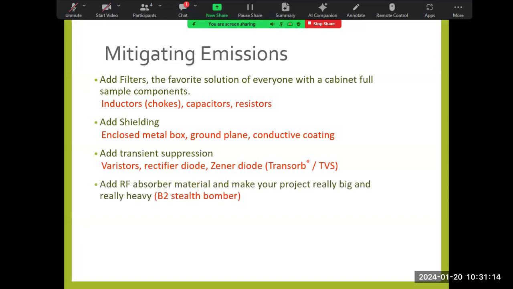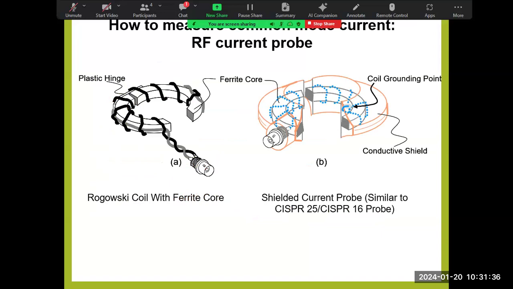And if you really want to make a mess, you throw RF absorber material all over everything, and it probably doesn't work. Another good way to fix EMC is to fix the thing that's being affected by the EMC so that it doesn't care what happens to it. And sometimes changing the technology can make a big difference in how things react.